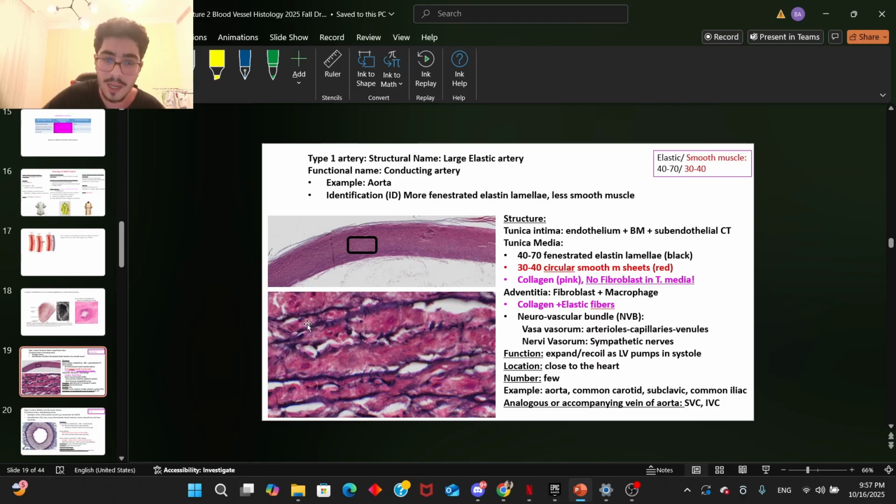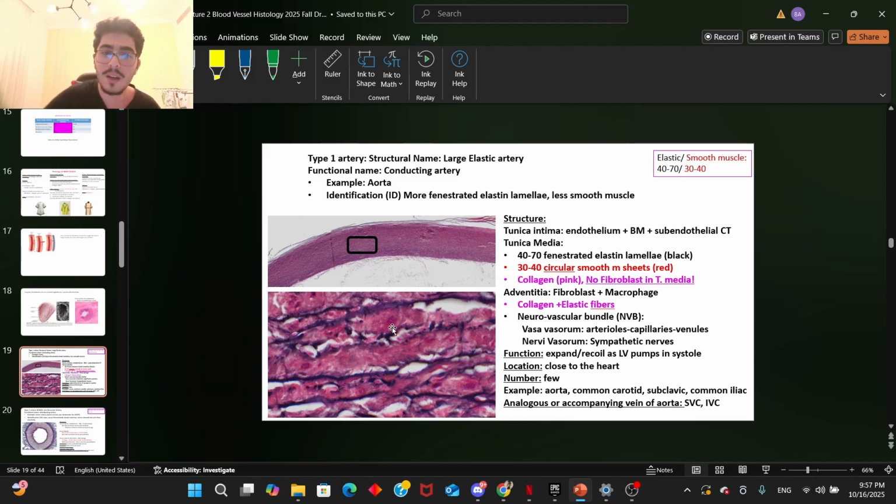This line is the elastic fibers. What we mean by fenestrated elastic lamina is the layers of elastic fibers. So here we have one, two, three, four, five, six. It's a lot, about 40 to 70. You don't have to memorize exactly 40 to 70, just keep it in the back of your mind. But just know that it has many fenestrated elastic lamellae.